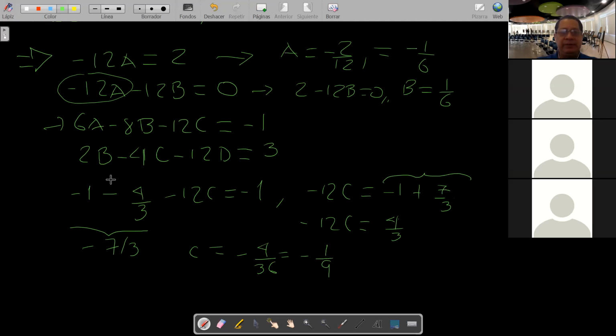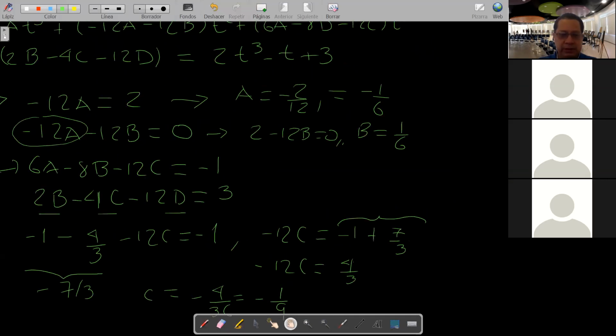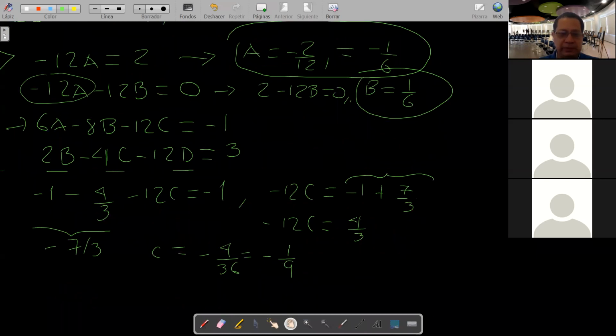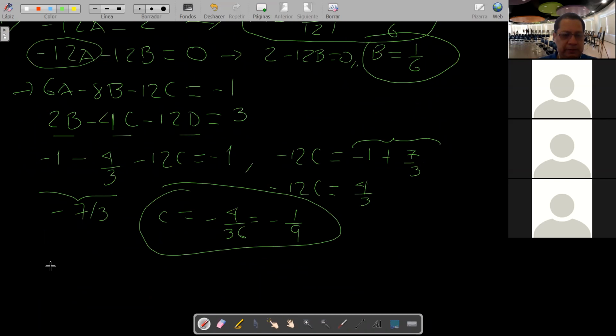And finally, we need to replace the values for b and c in the last equation, right? Let me remark our solutions. This is a, this is b. Now this is c. And now the value for b is equal to 1/6.